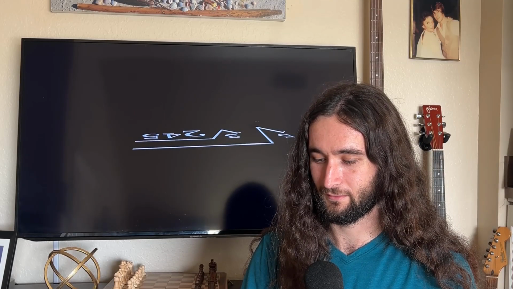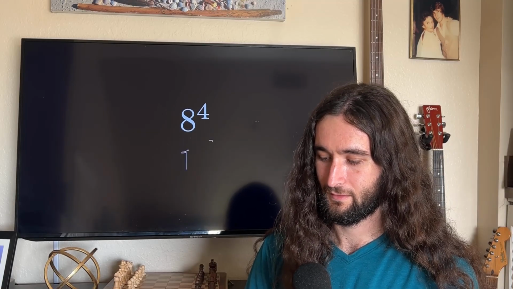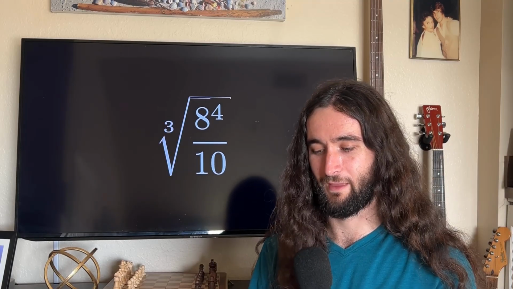For example, if I go back to the, let me just go to the end here. Starting with the number 8, right? I can do anything I want to the number 8. For example, let's say I raise it to the power of 4. And then I divide it by 10. And then I take the cube root of that.